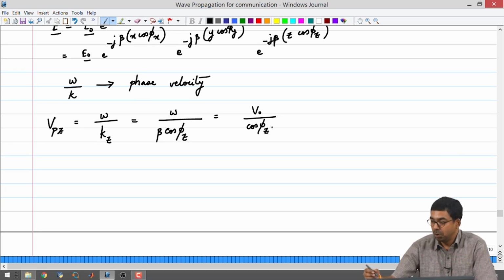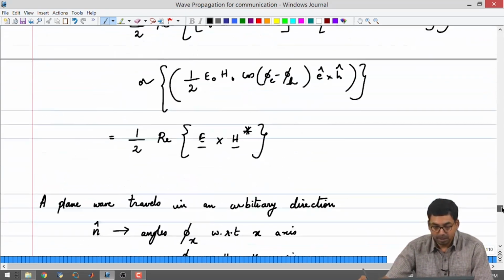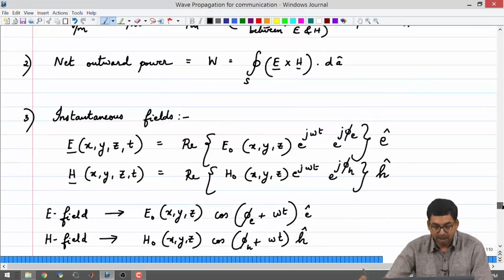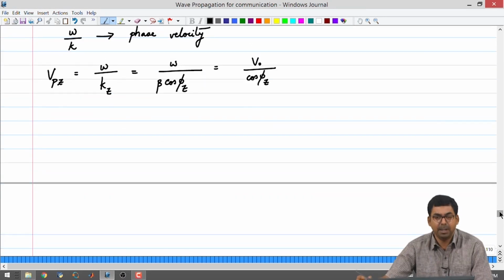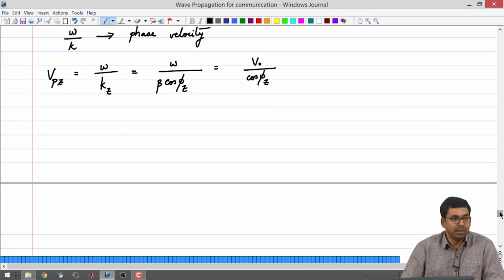If you go back to my original discussions about phase and group velocity in one of the lectures, I said that we should not derive a lot of inferences from phase velocity, because it simply does not have any limits.